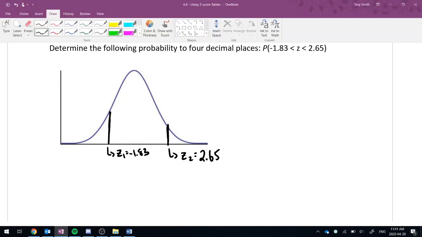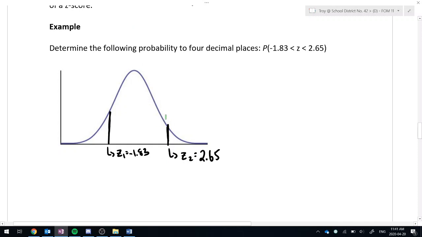So this time, and notice how I drew this one a little farther out, because if this one's negative 1.83, this one's going to be farther out because of course the curve is symmetrical. So now we're interested in this area here.